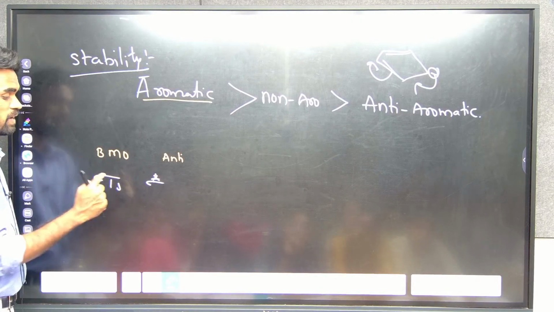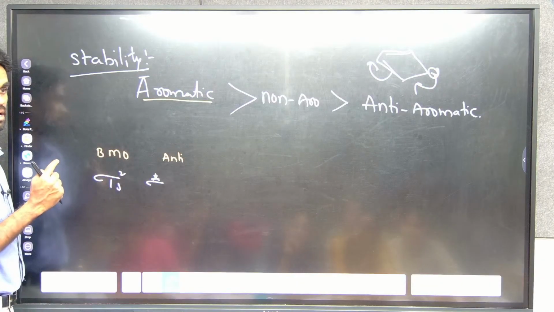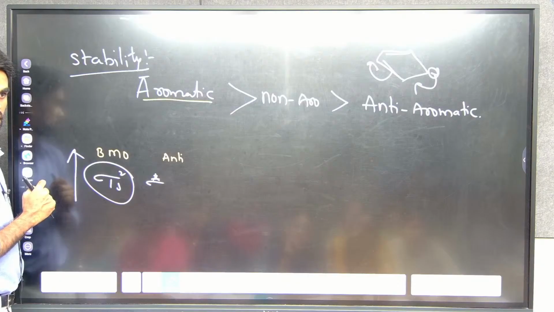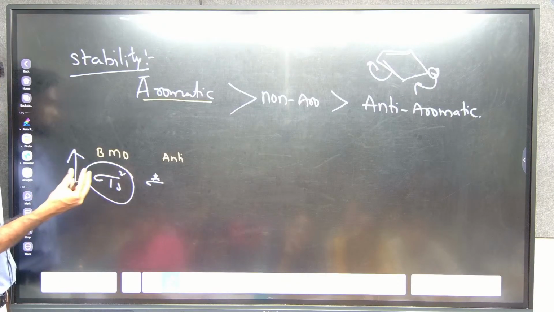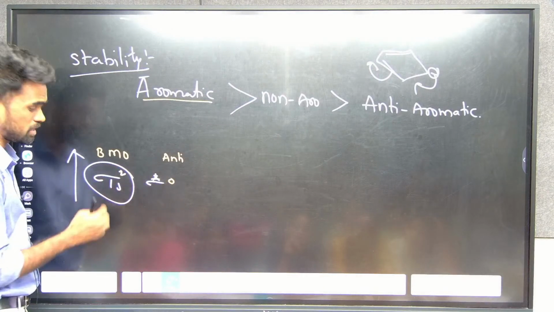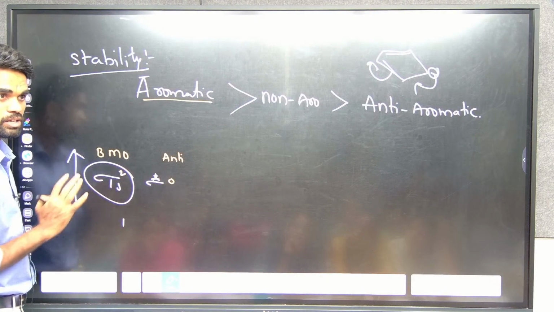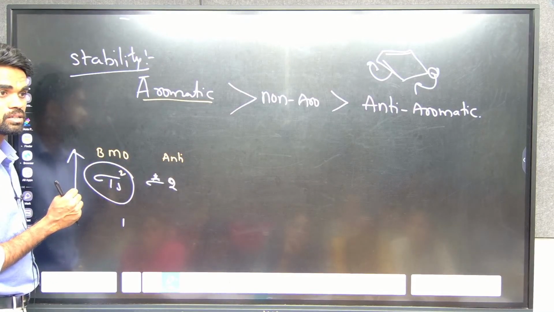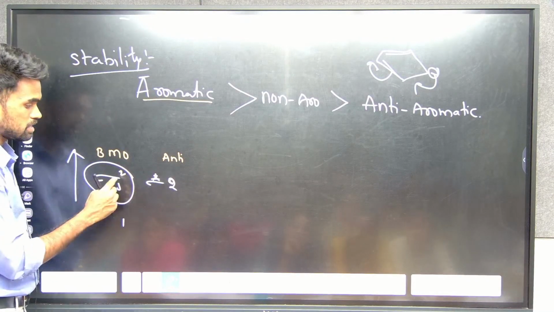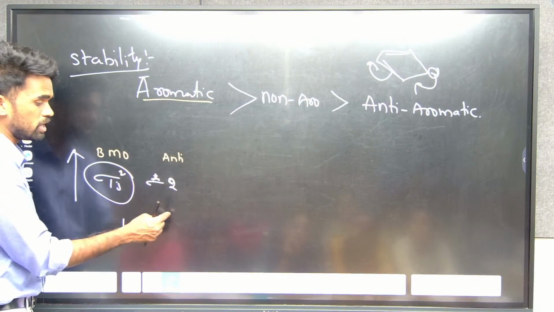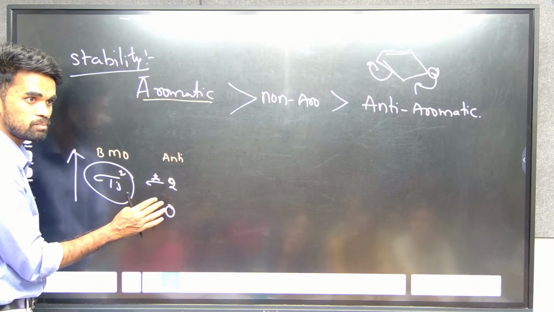See, when we are filling electrons in bonding molecular orbitals, the bond order increases. Yes or no? What happens? See here 2 electrons are there, anti-bonding 0 electrons, means bond order becomes 1, that molecule will exist. But if you fill anti-bonding molecular orbitals, what happens? Bond order, see here 4, here 4. Bonding minus anti-bonding, 2 minus 2, 0. If bond order is 0, will that molecule exist?